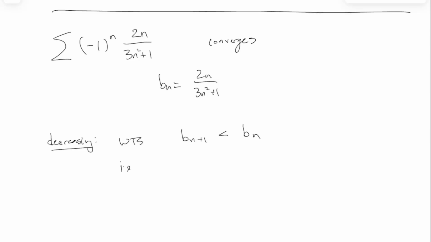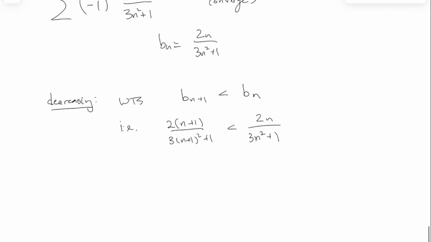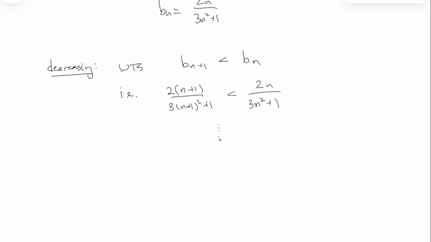Writing this out gives you a big bunch of inequalities. It says 2(n+1) over 3(n+1) squared plus 1 is less than 2n over 3n squared plus 1. Then you need to do a bunch of simplifying, involving FOIL down there, and then simplify, simplify, simplify.